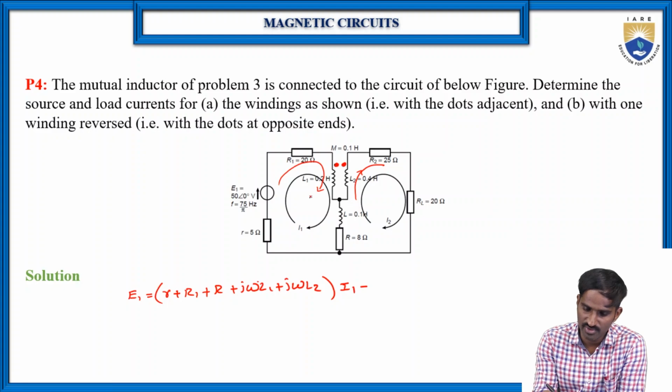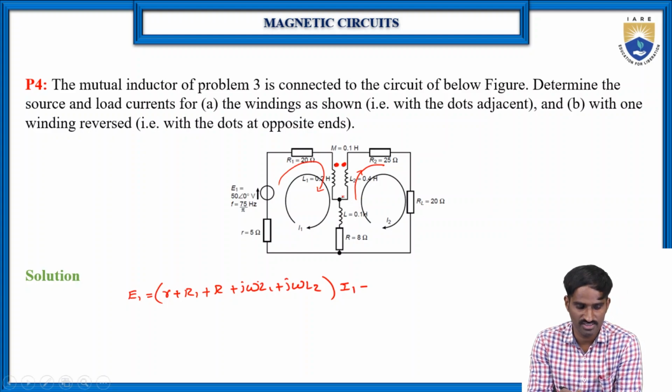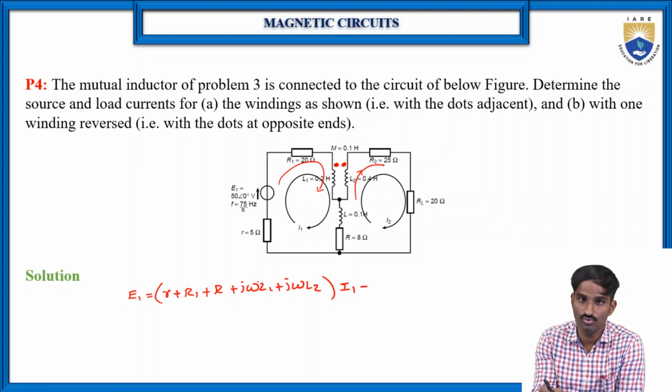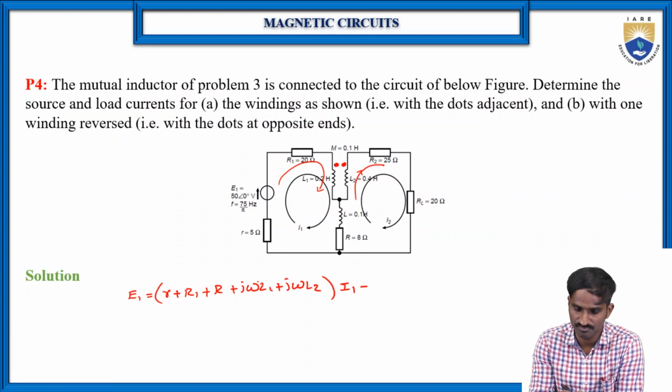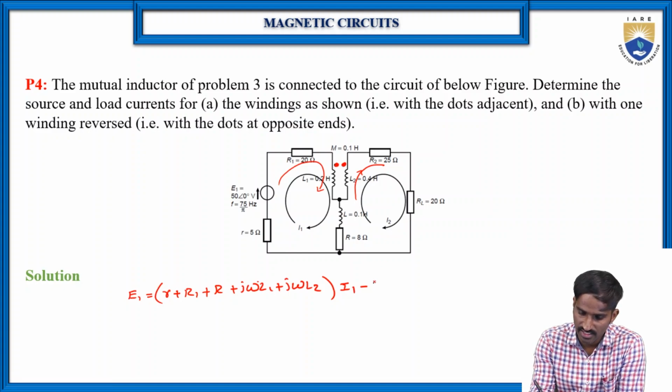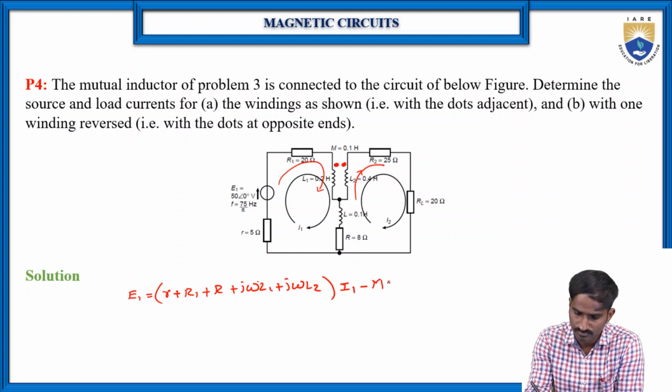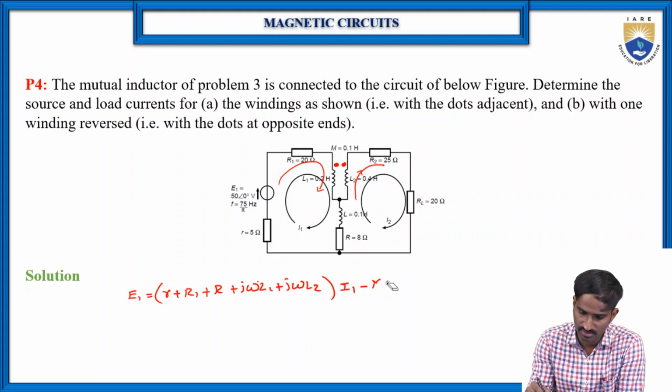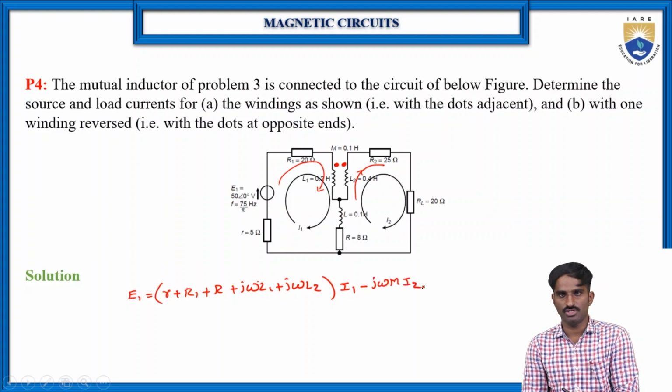And minus, here in between these two there are two inductors, so we need to take care. So one is minus j omega M into I2, that is due to the mutual inductance.